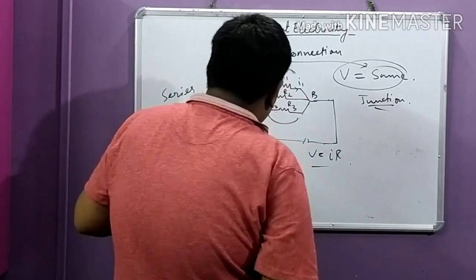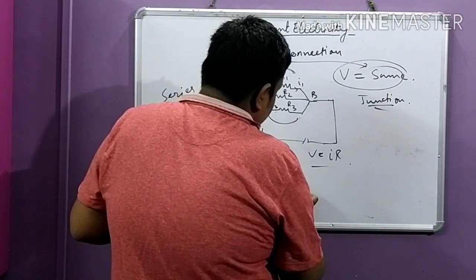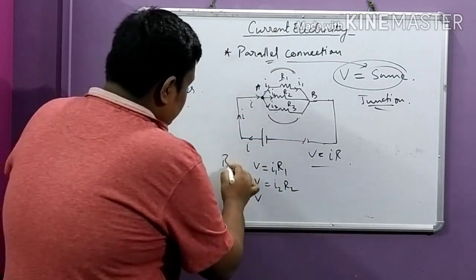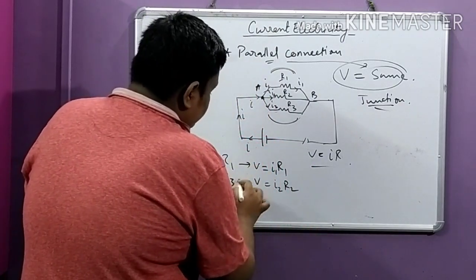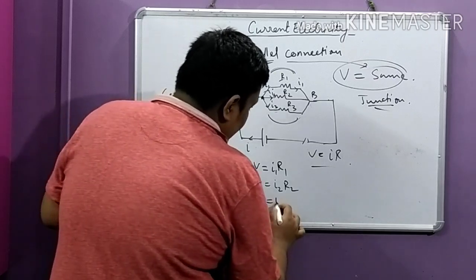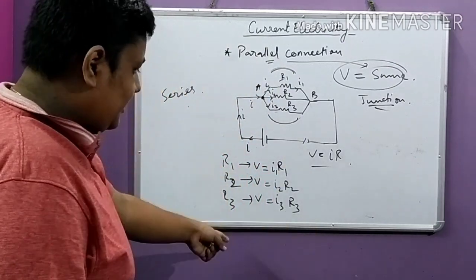And for the resistor R3 the potential will be the same, so the equation will be V equal to I3 R3. We get these three equations.